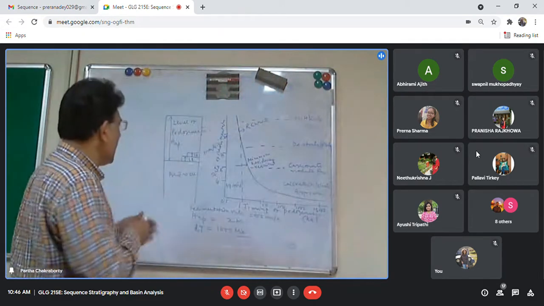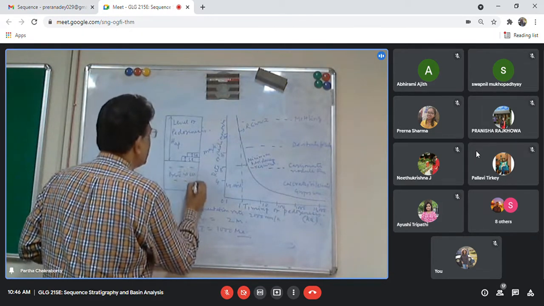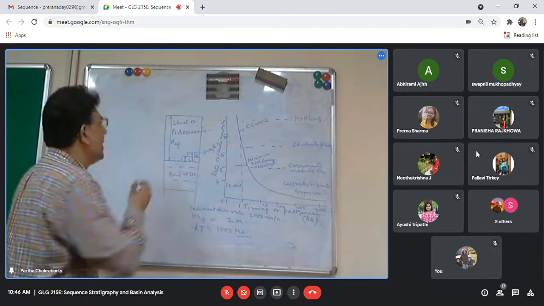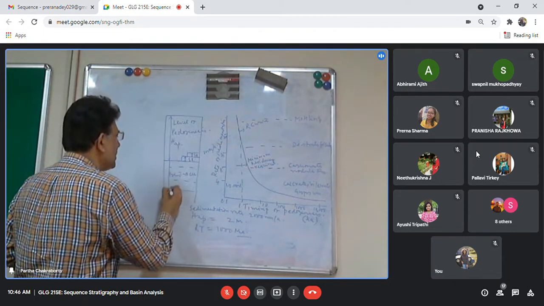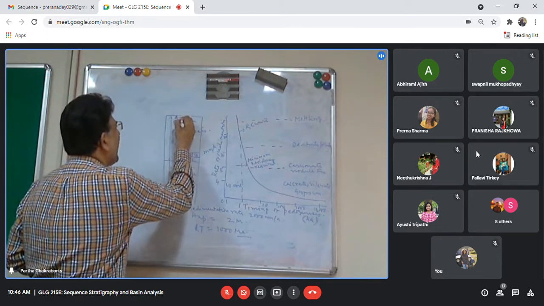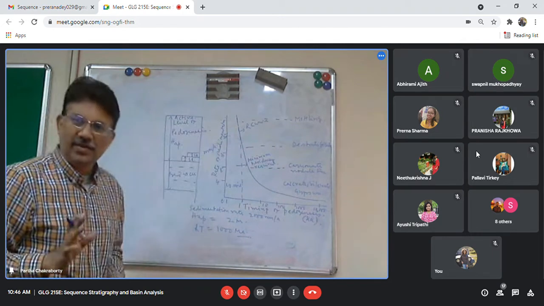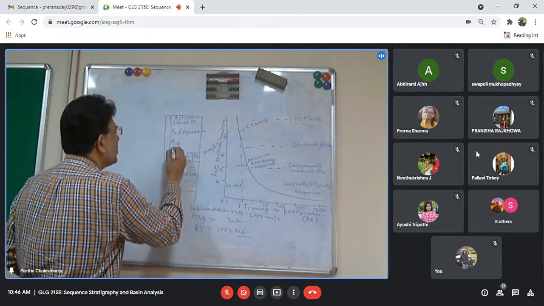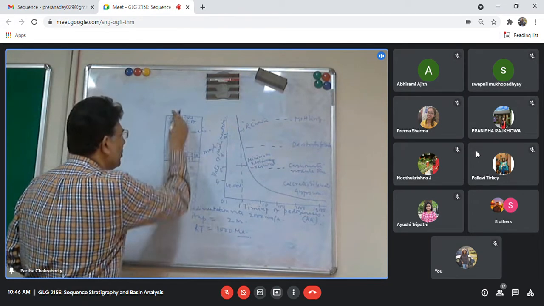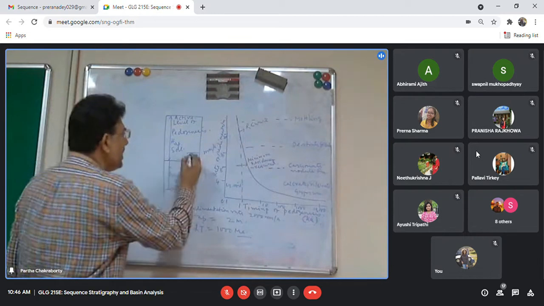Pedogenesis means soil formation. Suppose this diagram shows that up to here is the active level of pedogenesis. Within this active level of pedogenesis, you get the soil formation in this zone.